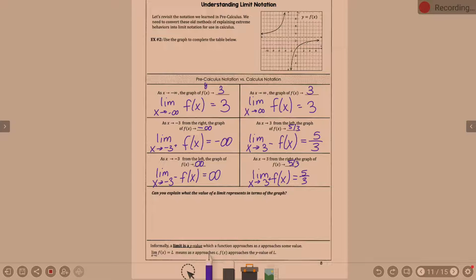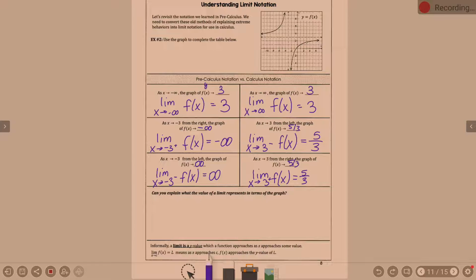In her notes, she talks a lot about it's the target value that we're aiming for, okay? Keep in mind the limit can also occur at a hole, which is the removable discontinuity, or an asymptote, which is an infinite or non-removable discontinuity. Now, what do you guys want me to write down there? So I have several things written in my notes.